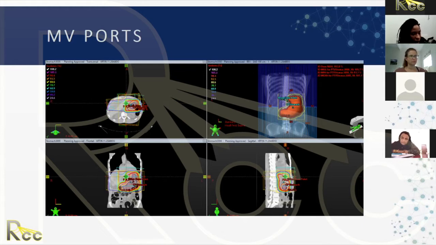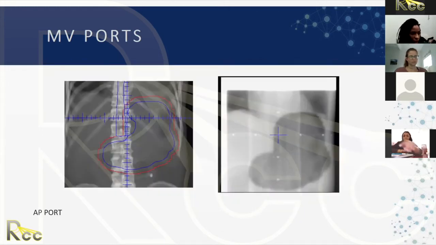And then I can also look on the CT, on the treatment plan view here, that I know the dome of the liver is close by. I know the heart is close by. So all of these things are in your mind when you go onto the treatment console to look at what my MV port looks like prior to treating this patient. So here's an MV port. Remember I said for each imaging modality, you need some sort of reference imaging.